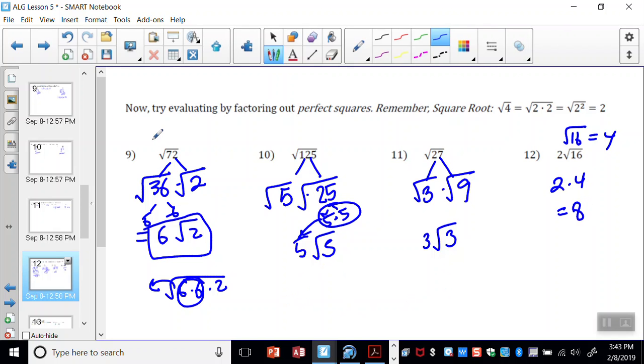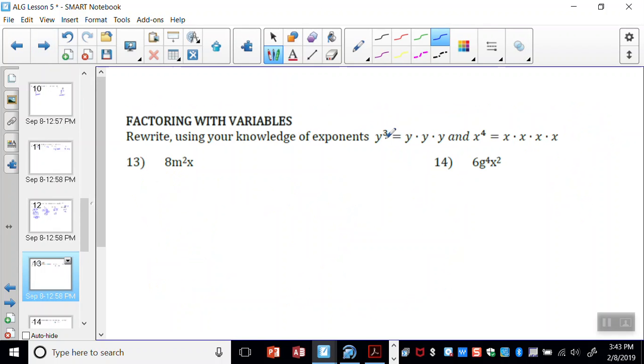And then factoring with the variables. Remember, y cubed is y times y times y. X to the 4th power is x times x times x times x. So let's rewrite this.